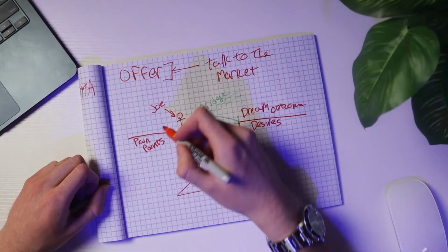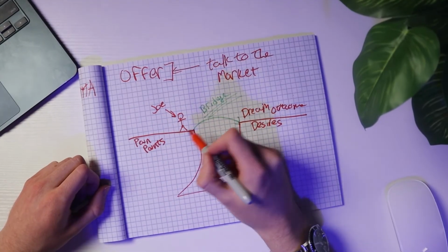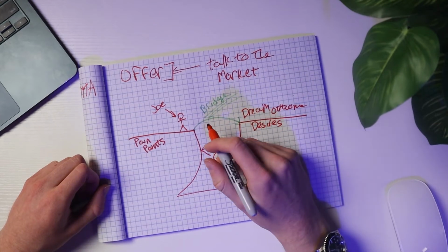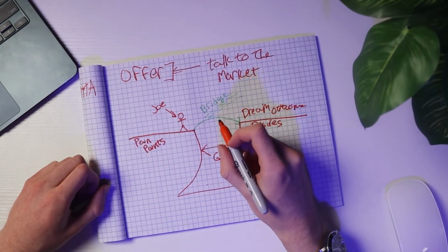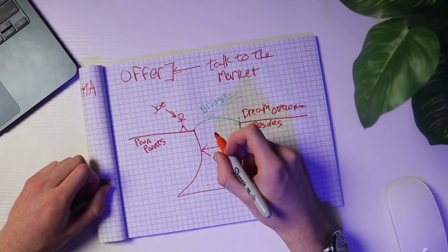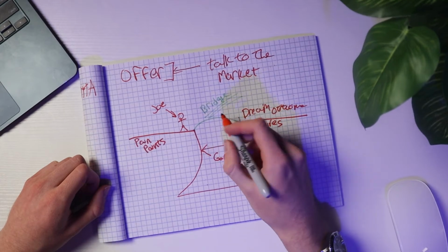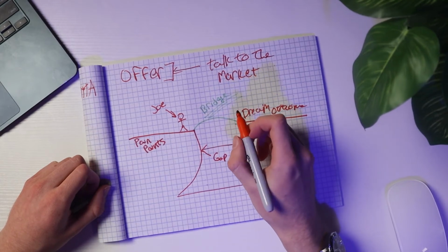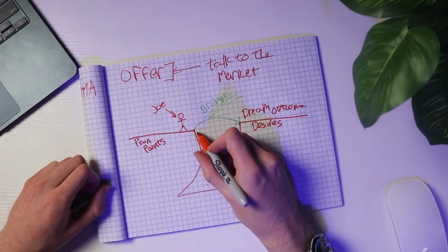So if Joe wants to cross over from his pain to his desires and he has this big gap, if you come to Joe and the thing that he needs to cross from his pain points and his desires is, say, doing paid ads, and you come to Joe and you tell him, hey, I'll write you some emails, Joe is going to say fuck off because he doesn't need emails. It's not going to actually help him cross this gap.